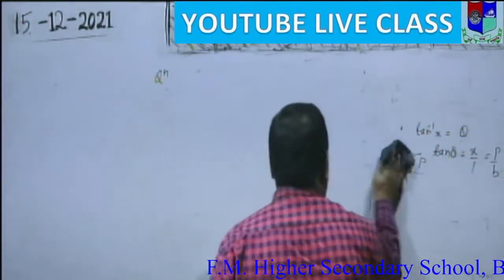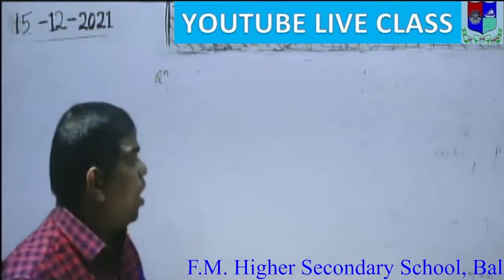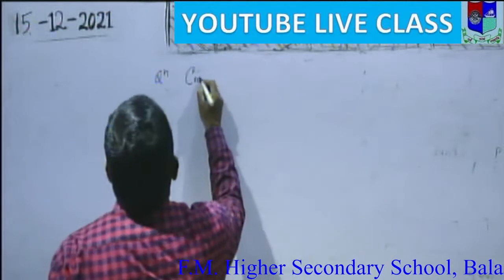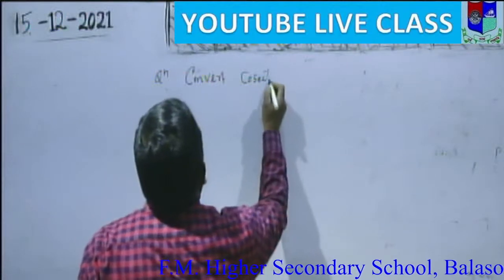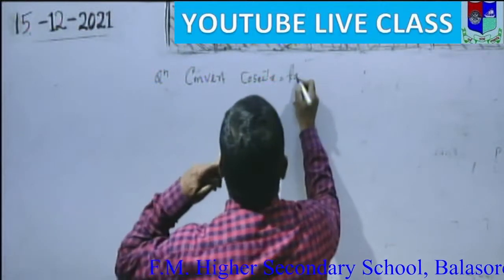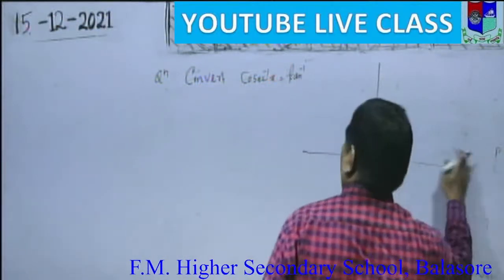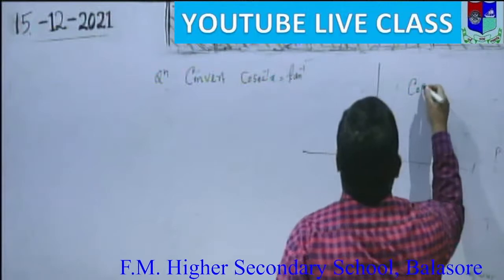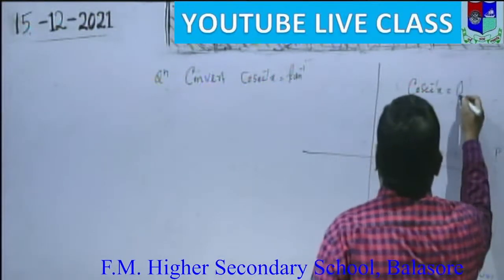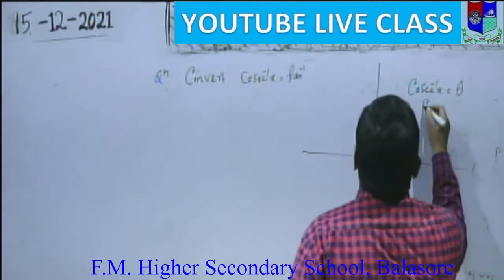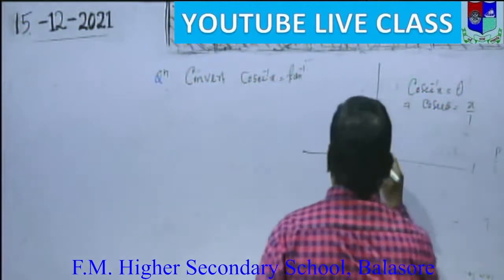Cosec inverse x is equal to tan inverse of what? Convert cosec inverse x into tan inverse. From our right angle triangle, cosec inverse x is equal to theta, so cosec theta is x by 1.